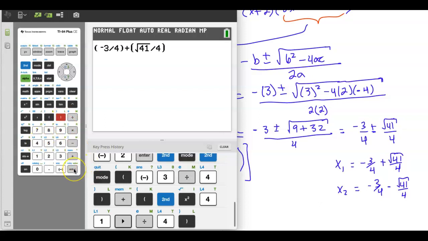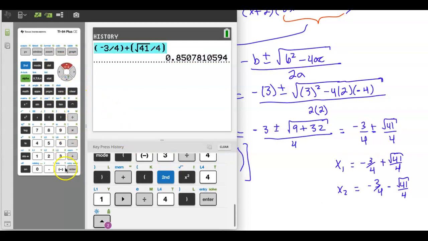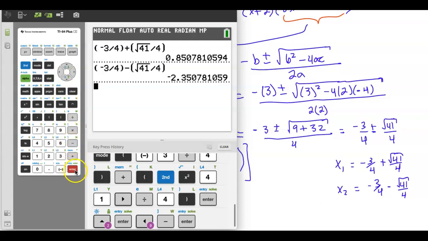Okay. So if I get that, I get approximately 0.851. And if we do the same thing again, I'm just going to copy this and change the sign so I can avoid having to type that all over again. Say I get a negative 2.351.